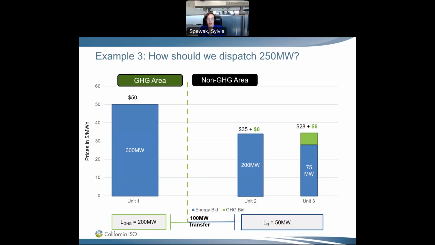The one thing that I have changed here is that I have reduced the total capacity that's available, both in terms of energy and what can be attributed to the GHG area, to 75 megawatts, which means we can send 75 megawatts total from this resource to the GHG and non-GHG areas.